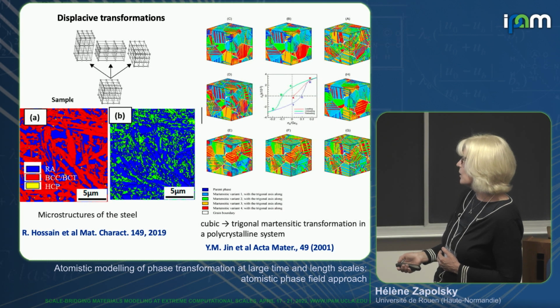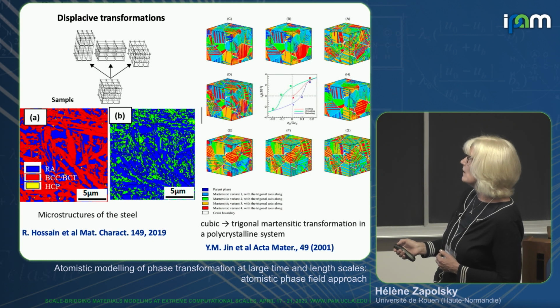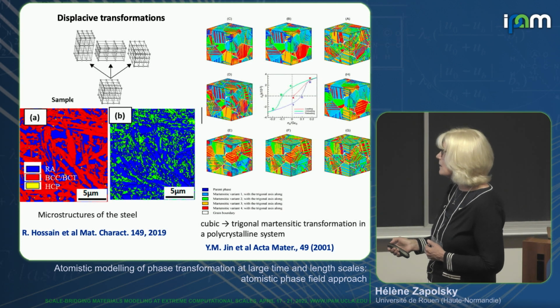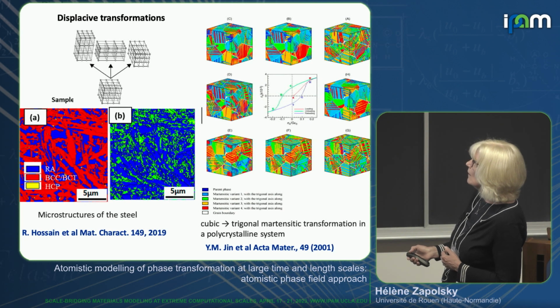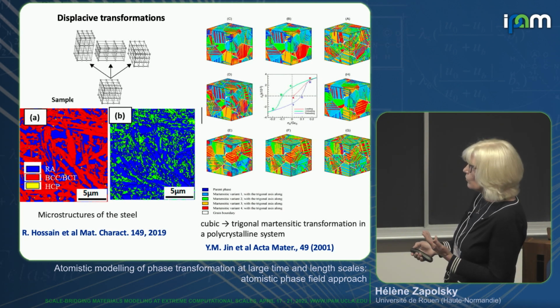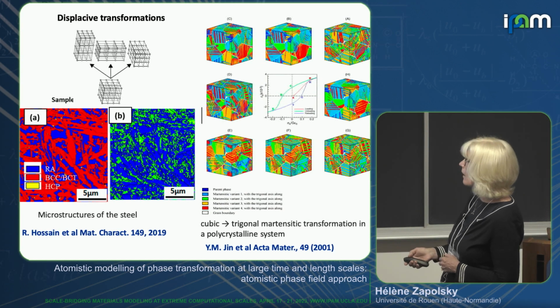Here is a simulation of cubic to trigonal martensitic transformation, and the different colors represent different variants of the martensite phase. We can predict the microstructure at different points, and describe the hysteresis loops on the stress-strain curve for some given materials.